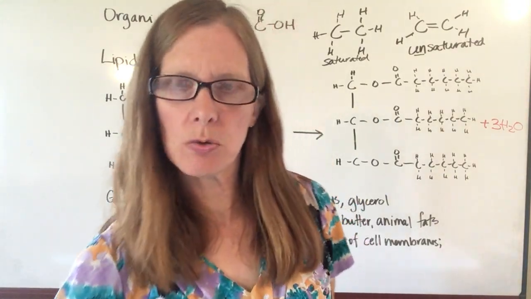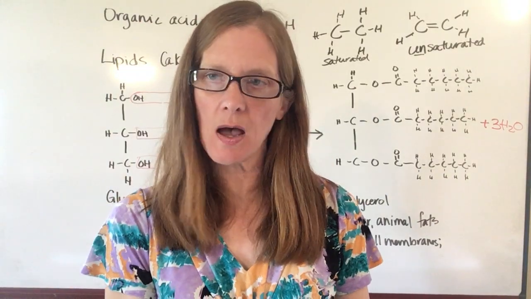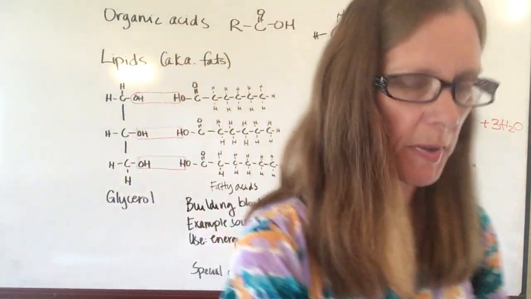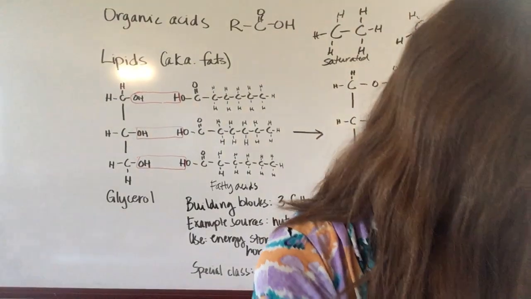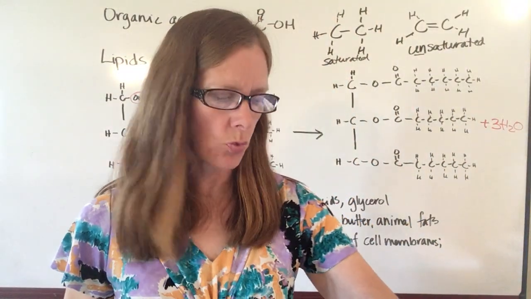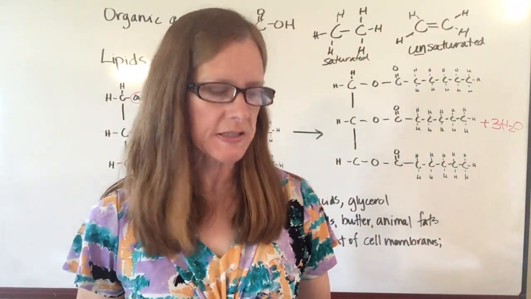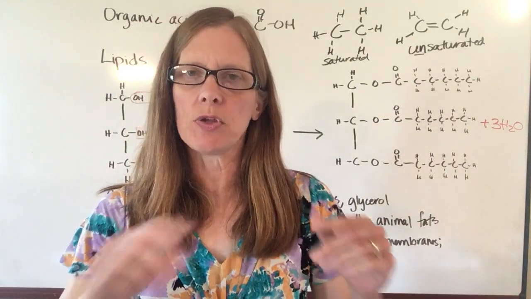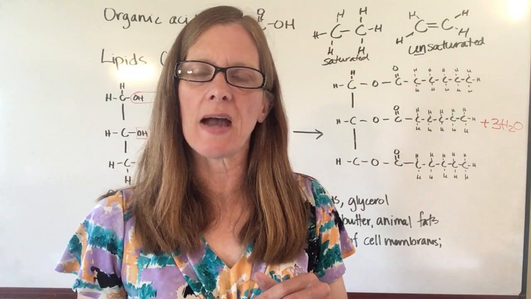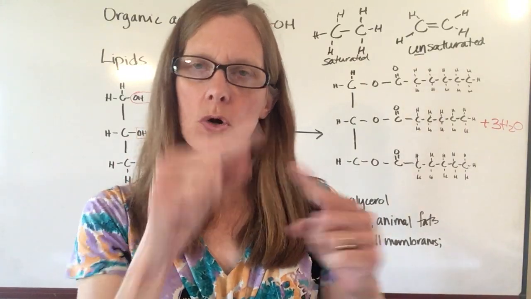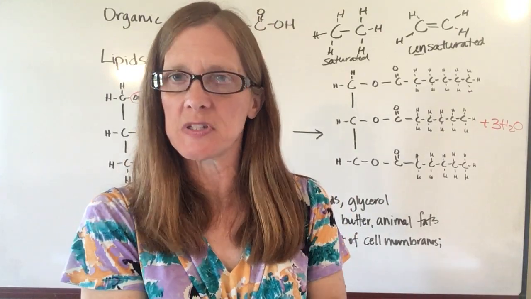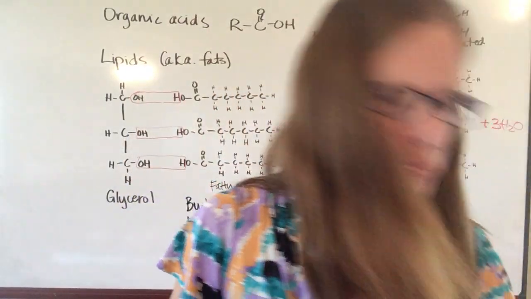Then we get into specific classes of lipids, which she talks about on the next page, and she specifically talks about steroids. And in those drawings of steroids, again, she never mentions it, but it's like I showed you when we talked about carbohydrates yesterday, that when you have those rings, there's actually a carbon at each corner of one of those hexagons or pentagons or whatever shape they happen to be. I think they're all hexagons in this particular case.